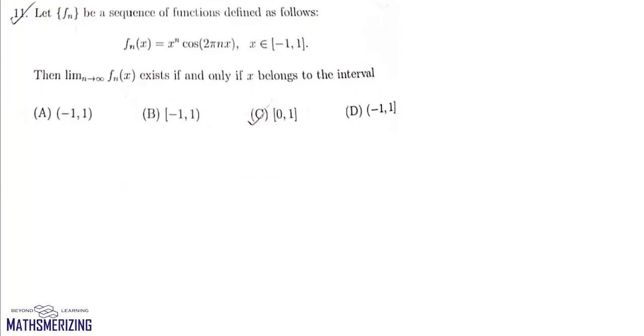Now in question number 11, we are given the sequence fn(x) equals x to the power n cos 2 pi nx, when x belongs to [-1, 1]. And we need to find the limit as n tends to infinity of fn(x).